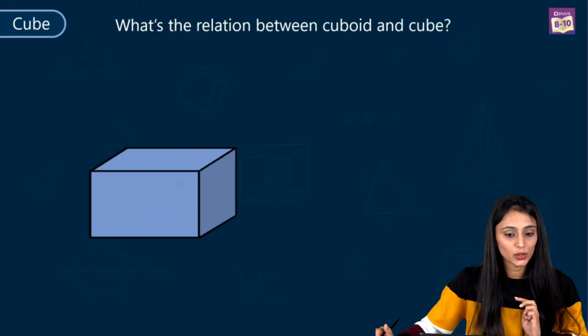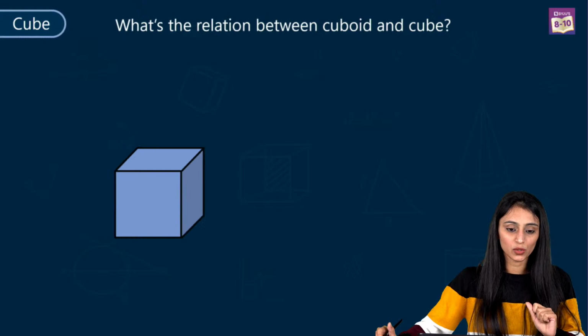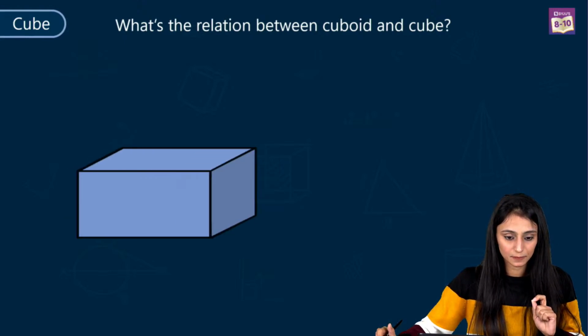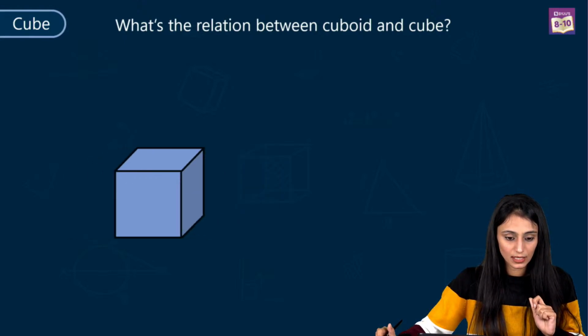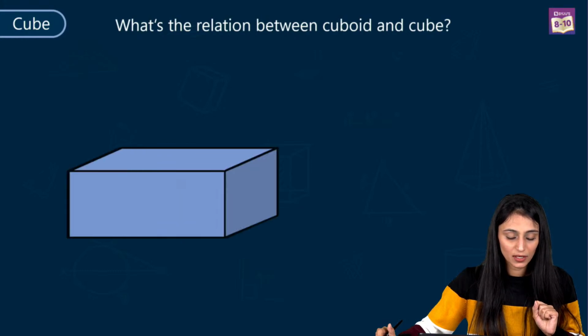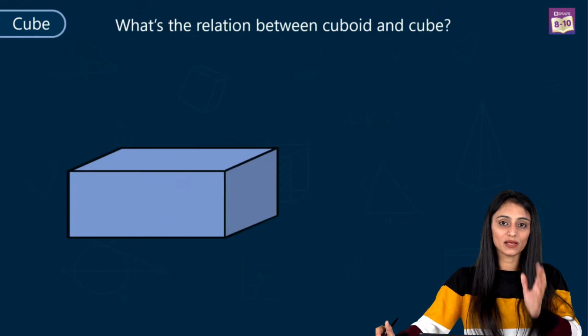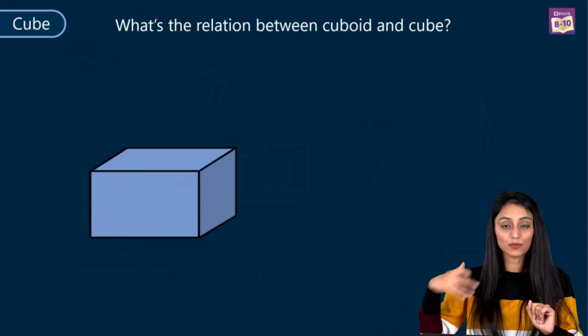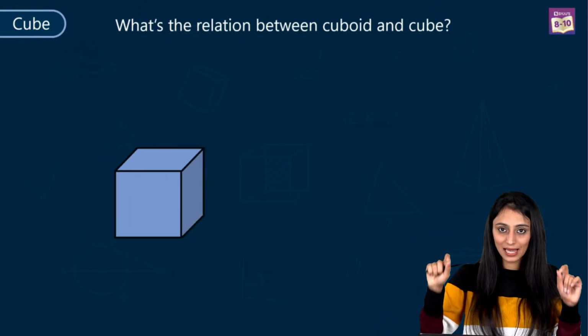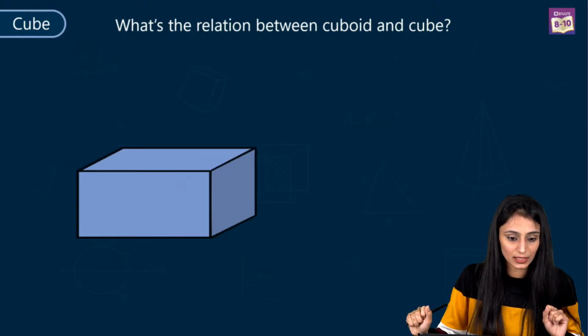Yes, Nibha Chaudhary, you can use B in place of W. Yes, Neha Kamble, I'm explaining that only. Cube is basically a cuboid only. It's a type of cuboid where you can see all the sides will have the same length.